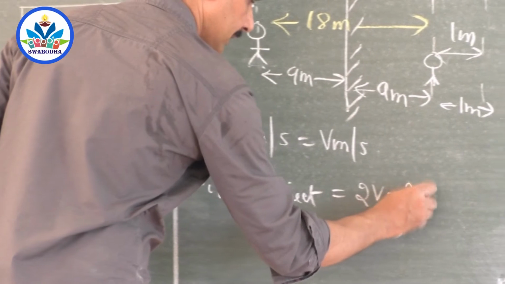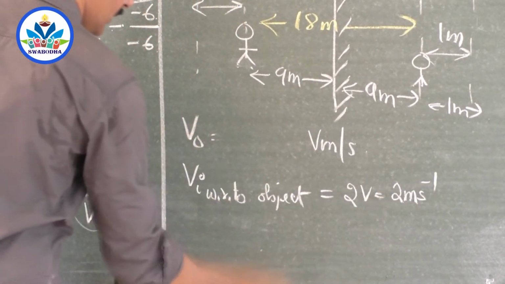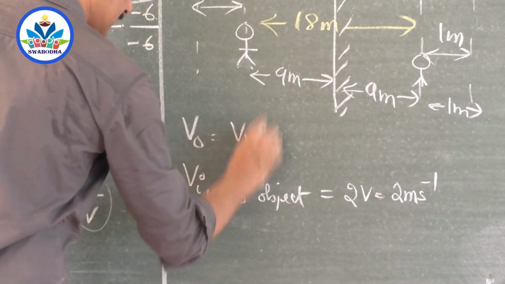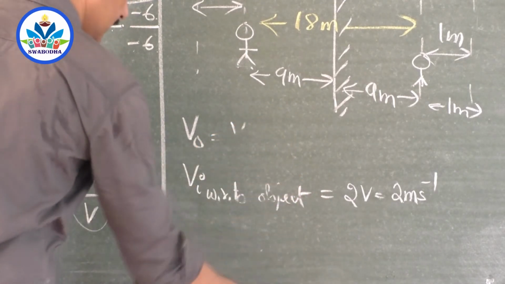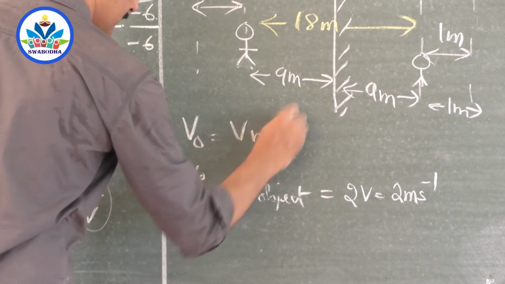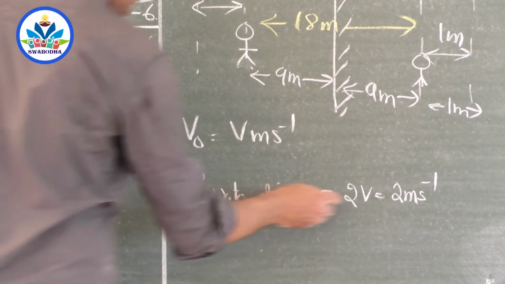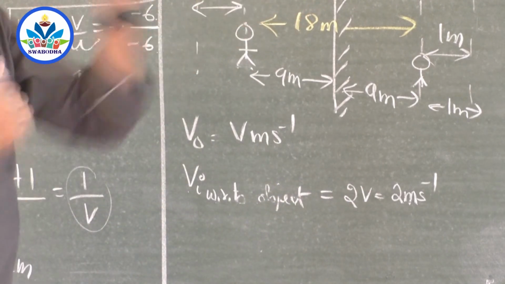That is equal to 2 meters per second. Am I right? So if an object is moving at v meters per second, then the image will be moving at 2v meters per second with respect to the object. That means with respect to me, the image is moving at 2 meters per second.